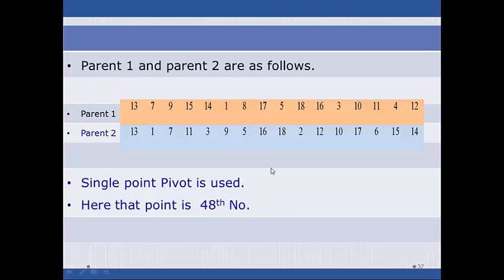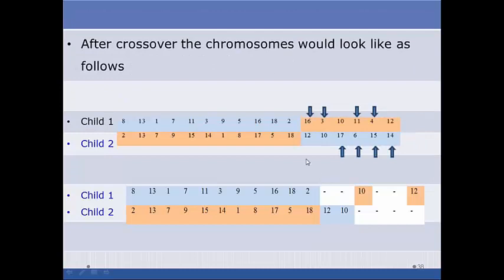Suppose it is falling here. From this particular point, the chromosomes are crossed over, meaning the lower part is taken upside and the upper part is taken lower side. So I got the new chromosomes, child 1 and child 2. These were parents, and these two are the offspring.